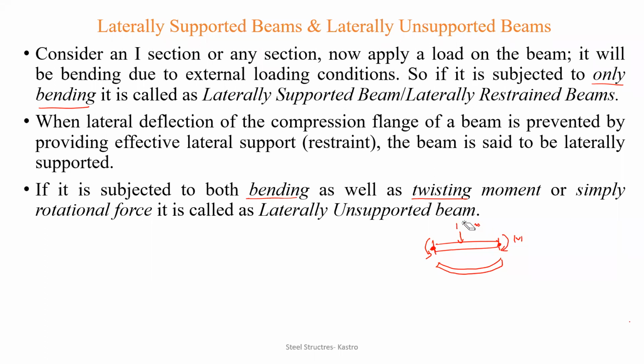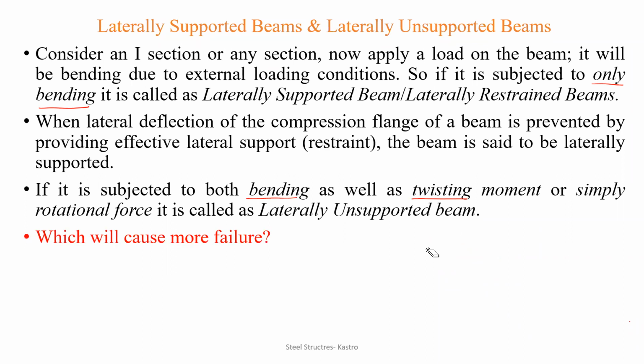Now, if you compare the laterally supported beam and the laterally unsupported beam, which one will be more severe? That is our question. Which one will cause more failure, or which one will be dangerous to design? It is always very sure that in laterally supported beams, you have only bending. That means the failure of laterally supported beams will be very less.